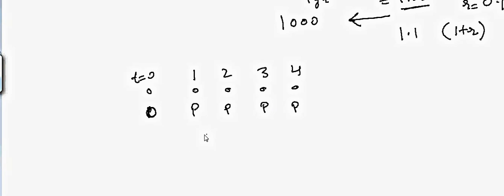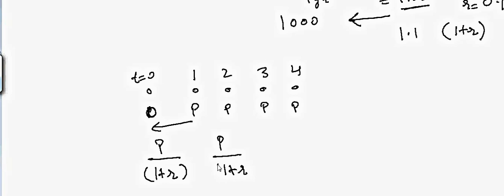The present value will be equal to the first payment back calculated for 1 year, p divided by 1 plus r. Then the second payment for 2 years, p divided by 1 plus r whole square, and then p divided by 1 plus r whole cube.